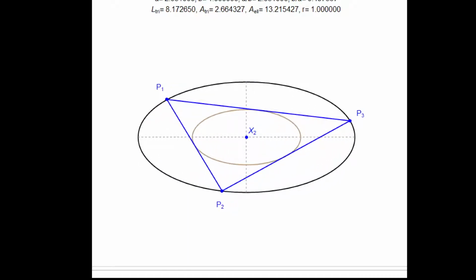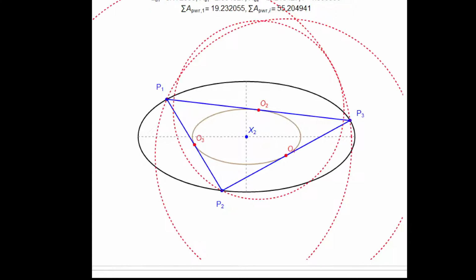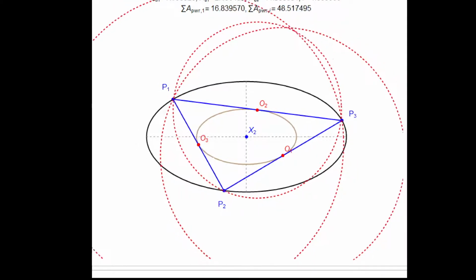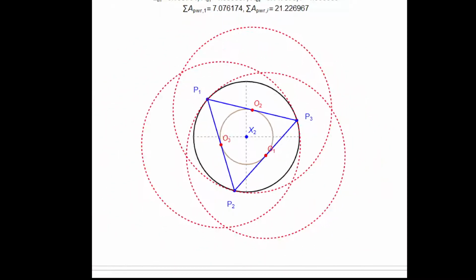Now, as you know, the concept of the circumcircle is not invariant under affine transformation. So when I do draw the three power circles, they do not commute, they are not equi-invariant with respect to the three power circles in this case here.